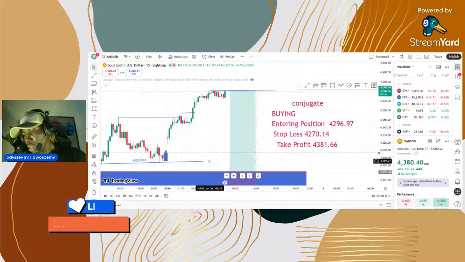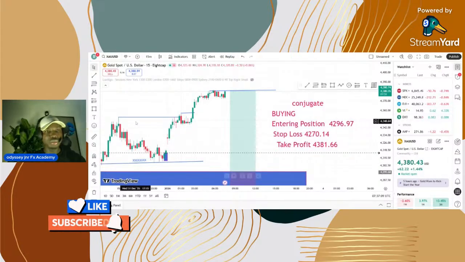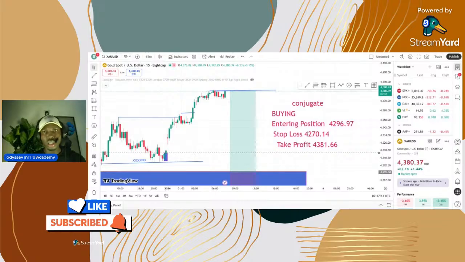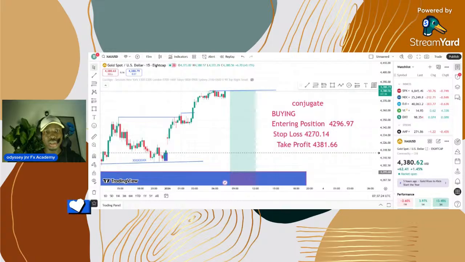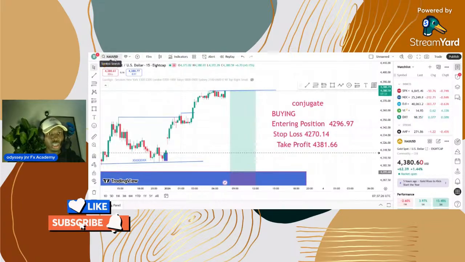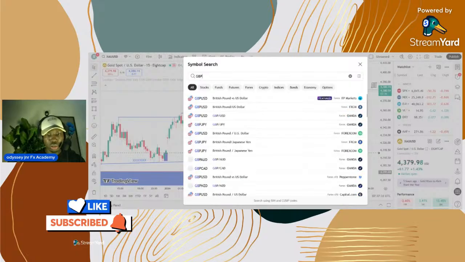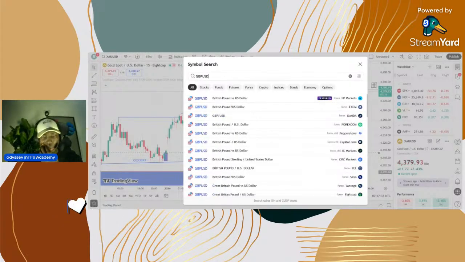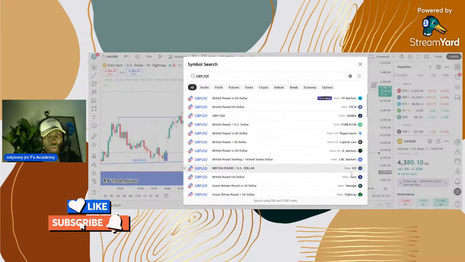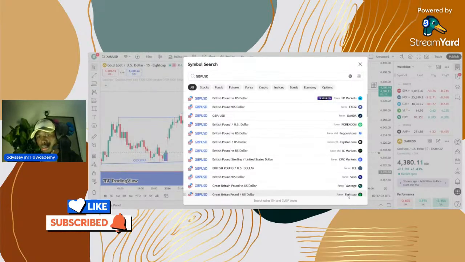Okay, so guys, let's look at another pair. The pair we'll be looking at for now is Great Britain Pounds USD.